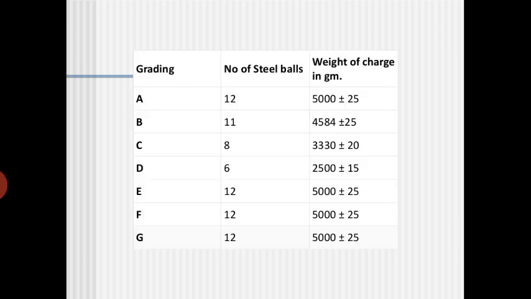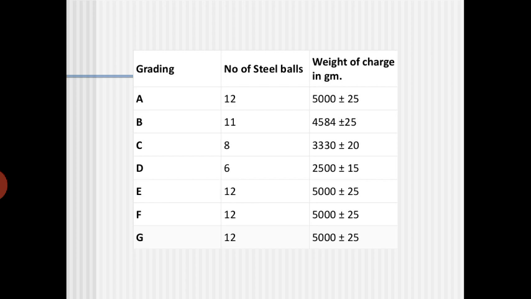So this is, I'll show you first. This is table 2. In this table 2, you can see the gradings, and in those gradings how many steel balls there are. A grading consists of 12 balls, and the charge on those balls will be 5000 plus or minus 25.